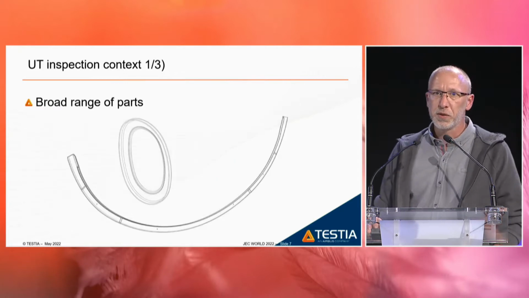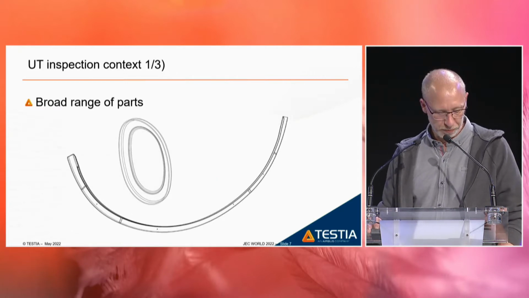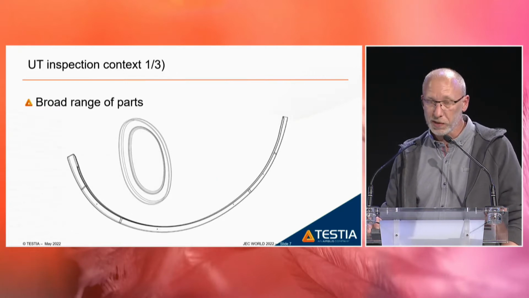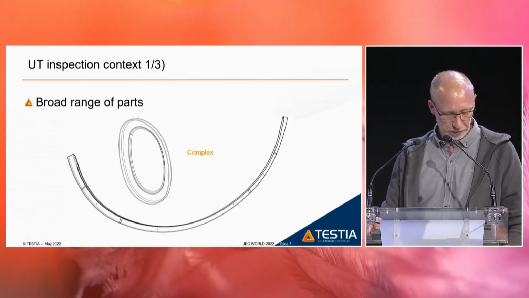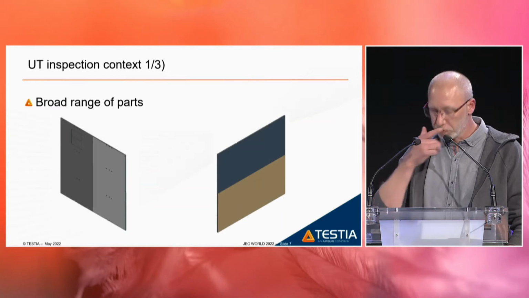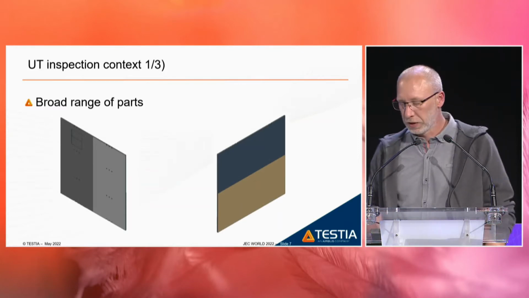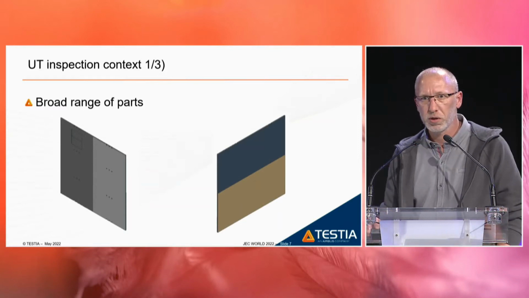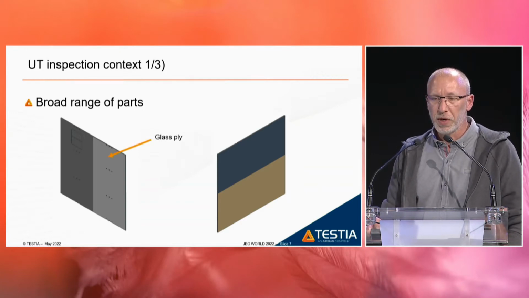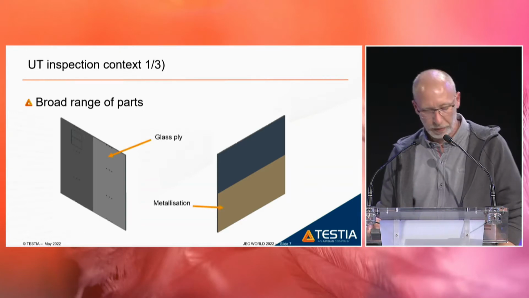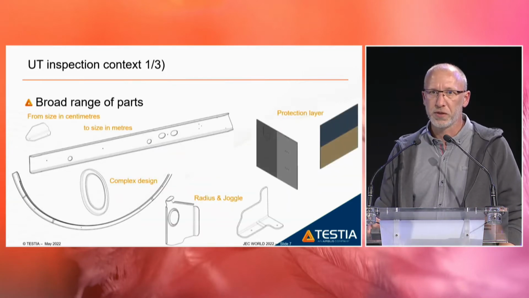Then, the accessibility of parts can be difficult on more complex parts. Finally, we also consider the evolution of the structure. It can be thickness evolution or addition of protection layers such as glass ply or metallization. The range of parts is now determined.